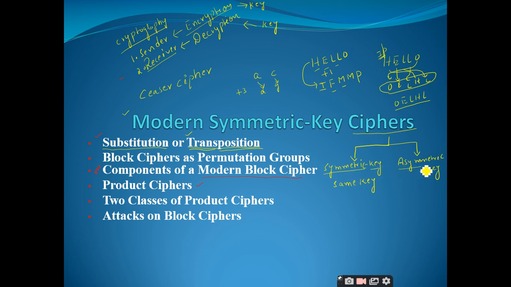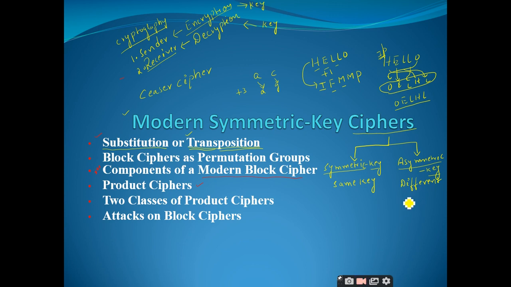And what do we mean by asymmetric key? Both encryption and decryption make use of keys, right? But if the encryption makes use of one key and the decryption makes use of the other key, then we call such cryptographic algorithms asymmetric. Asymmetric in the sense different. So they use different keys for encryption and decryption.